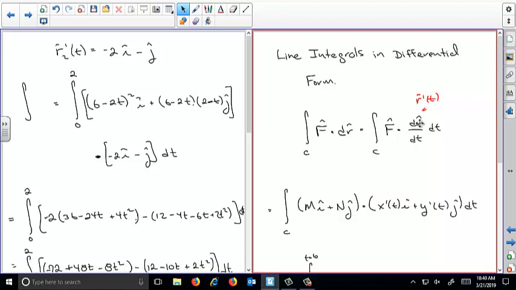The derivative of the position vector is just the derivative of the x component times i plus the derivative of the y component times j.